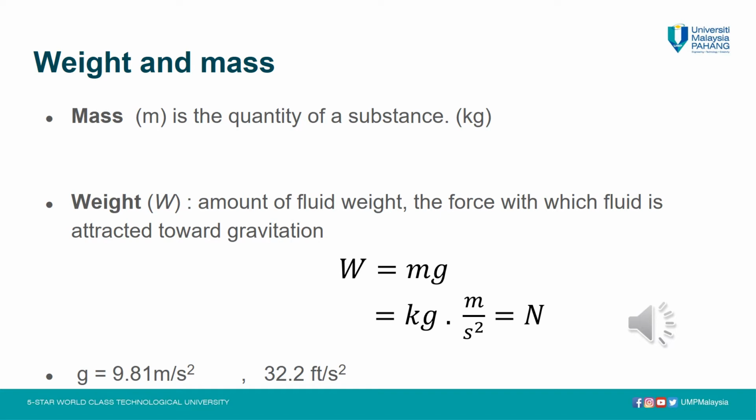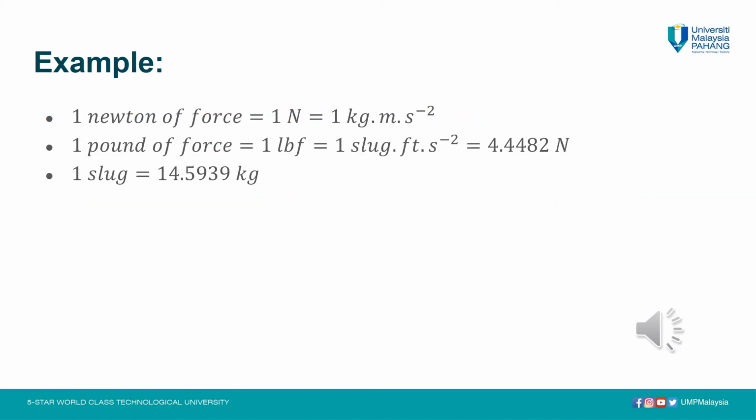When we speak of weight, W, we imply that the acceleration is equal to g, the acceleration due to gravity. Then Newton's law becomes W = mg. These are examples of how you can convert 1 Newton of force and 1 pound of force.